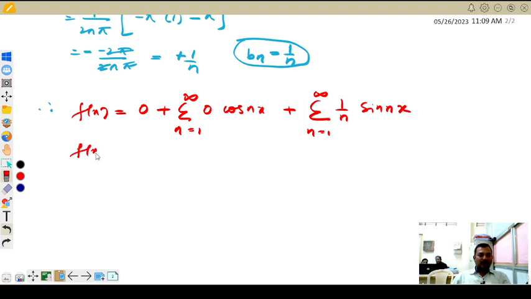Therefore, f of x value is summation n runs from 1 to infinity 1 by n into sin nx.